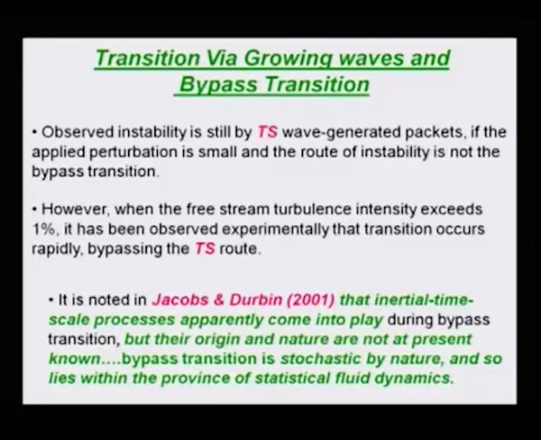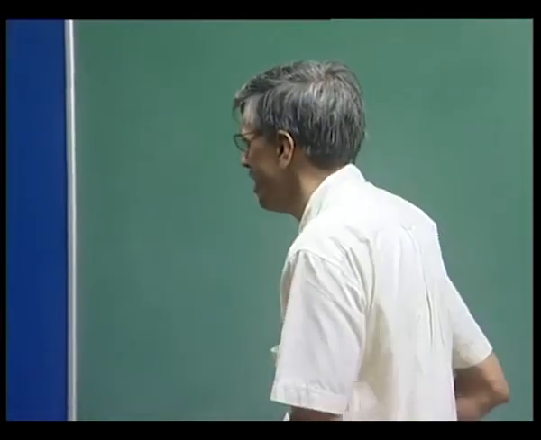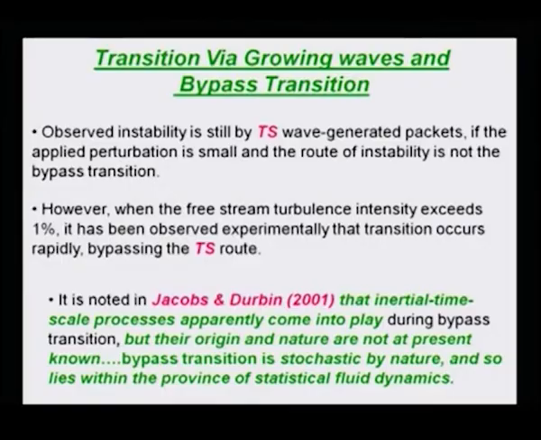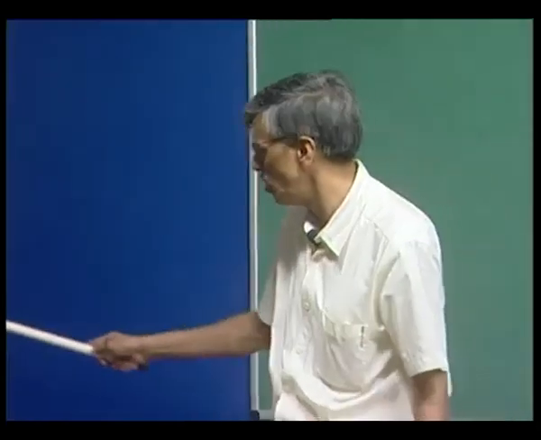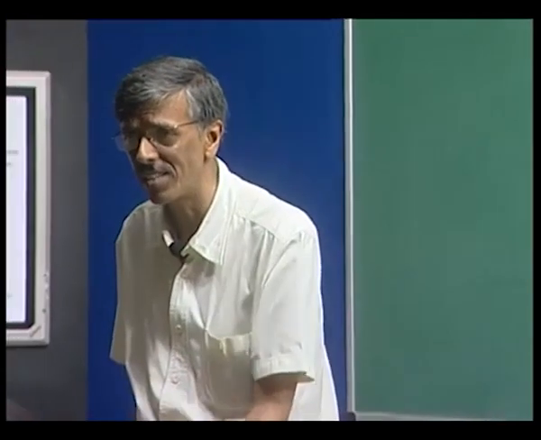It's interesting that Jacobs and Durbin made this observation, which we would not like to agree with immediately. What they say is that inertial time scale processes come into play during bypass transition. You are not having a TS wave, so there are additional time scales coming about. This is due to the inertial acceleration term, right?